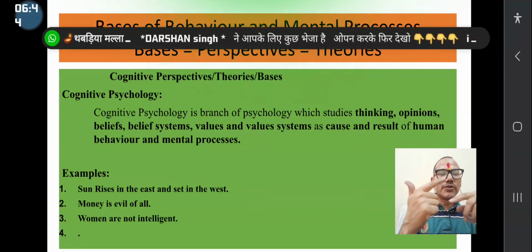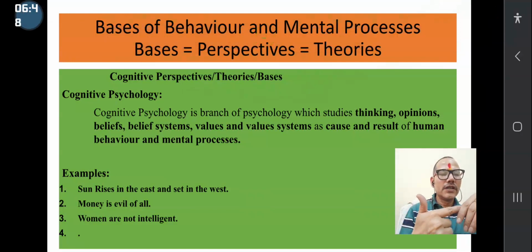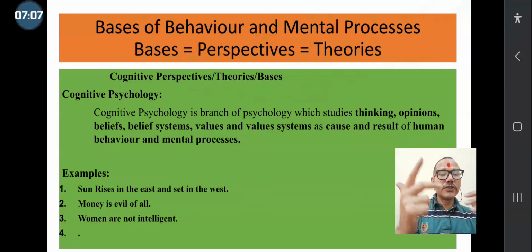Try to know the truth. For example, another belief is money is the evil of all, and I am a teacher. Is money evil for me? Money is evil for those who are not able to use it properly, those who have addictive habits, or those who have an excess surplus of money and don't know how to invest it and grow it.